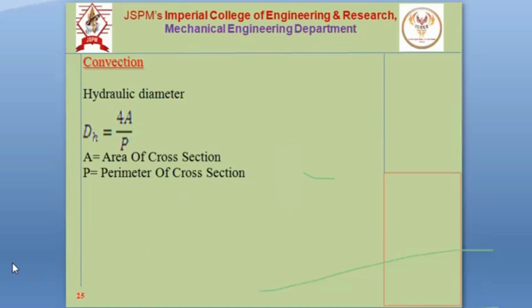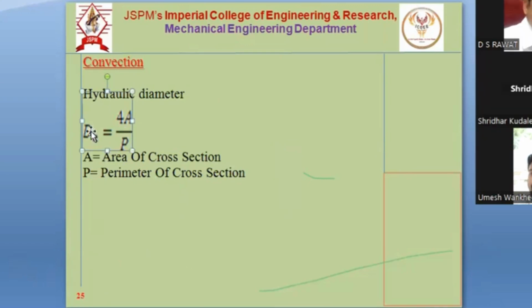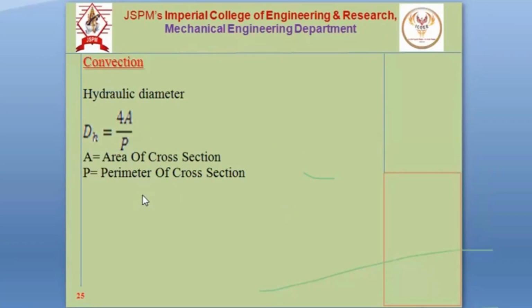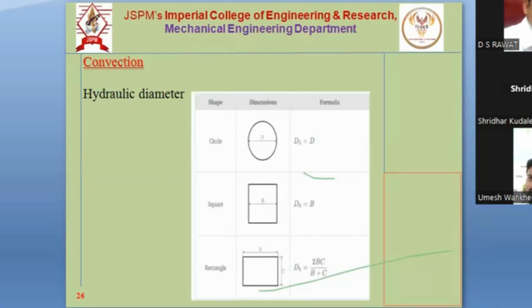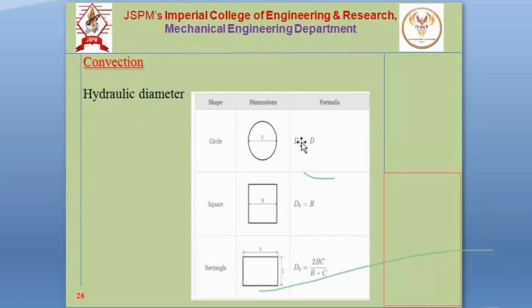Like I told you, hL by k for the Nusselt number, where the hydraulic diameter is calculated as 4A by P, where A is the cross-sectional area and P is the cross-sectional perimeter. If it is circular, the hydraulic diameter is the diameter of the pipe.